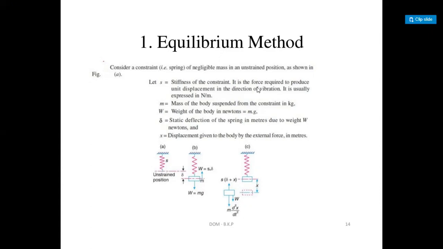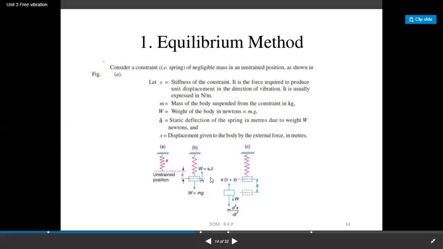So this is the unconstrained position, because in one direction we can expand the spring without limit. If both ends are fixed, then the expansion of the spring is limited when you apply an external force. That position is called the constrained position. But here one end is free, so expansion in that direction is indefinite. So it is called the unconstrained position.